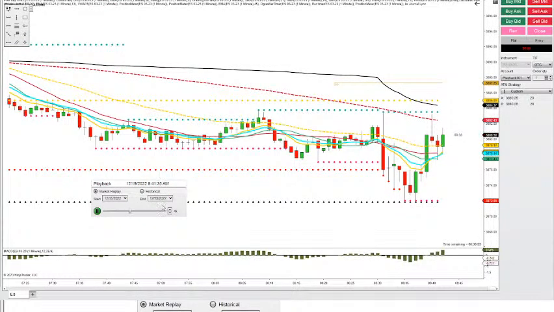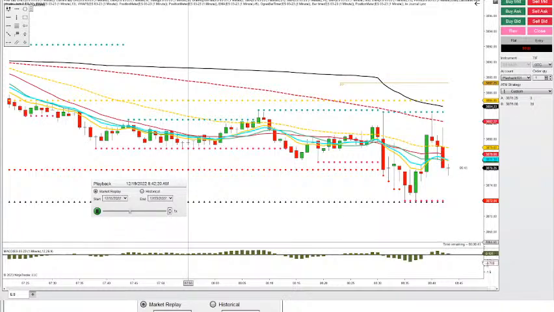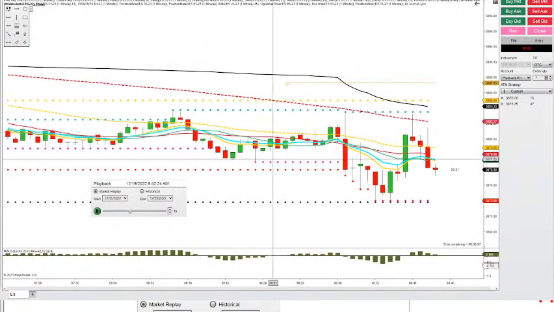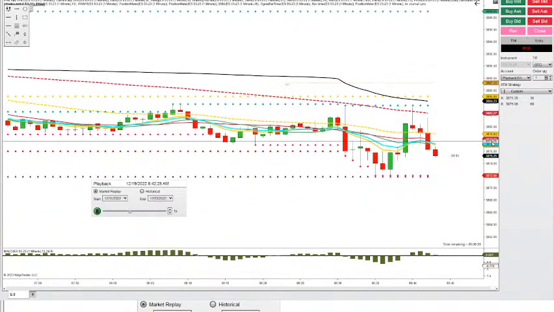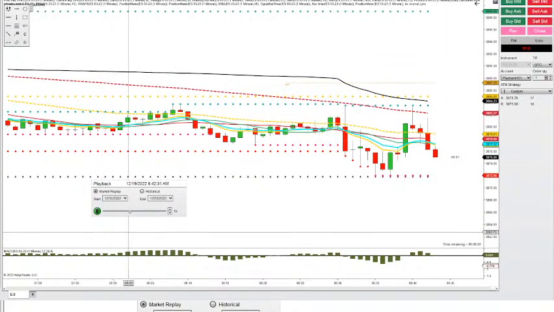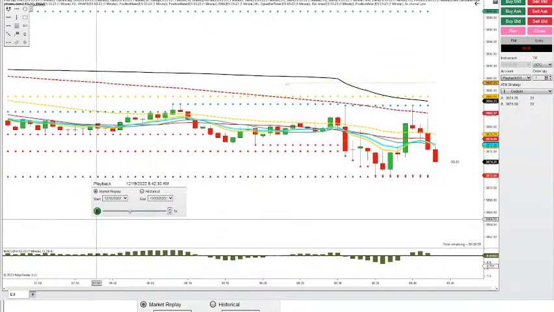And at that point, I will slow it all the way down. Okay, here we go. Well, it's still not 8:45 yet. I'm sorry, y'all. I say 8:45. It's actually 9:45 Eastern Standard Time.